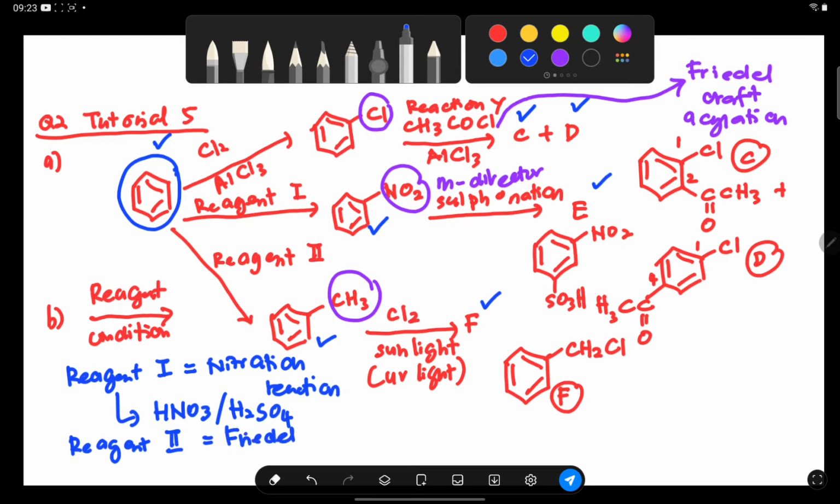Friedel-Crafts alkylation. Friedel-Crafts alkylation is a type of electrophilic aromatic substitution that adds an alkyl group, or substitutes a hydrogen on the benzene ring with the alkyl group.